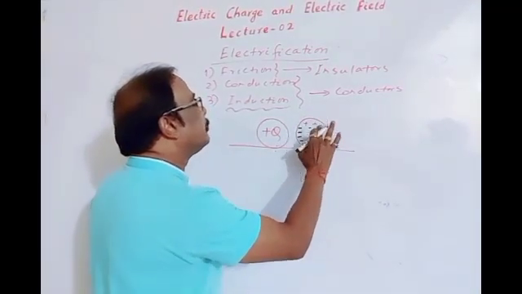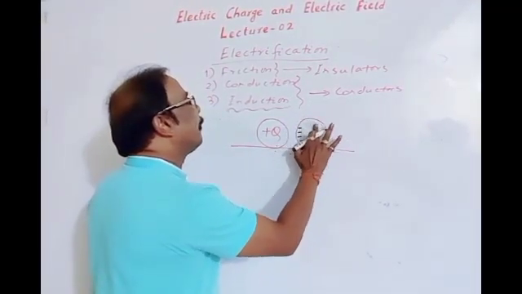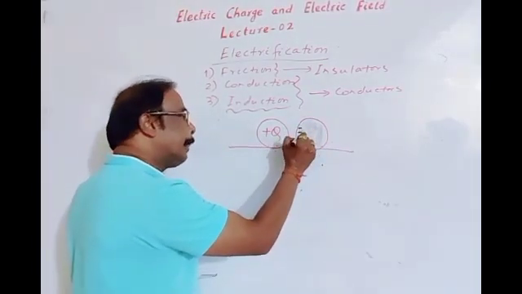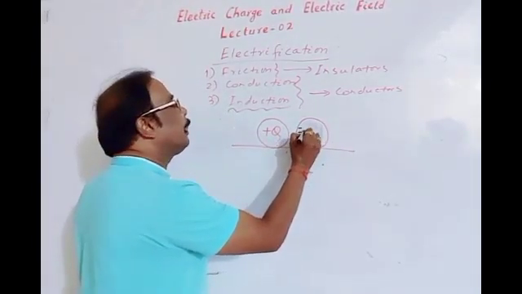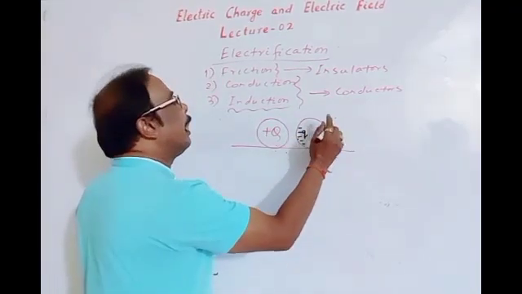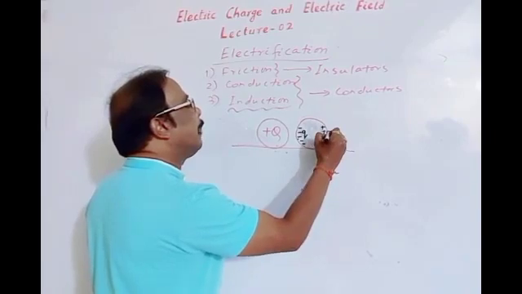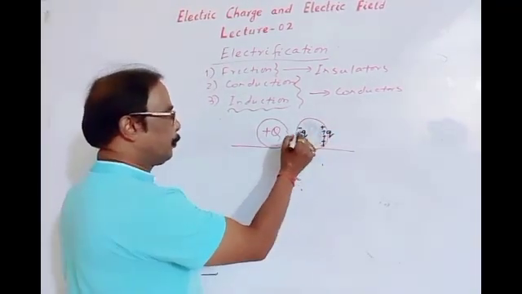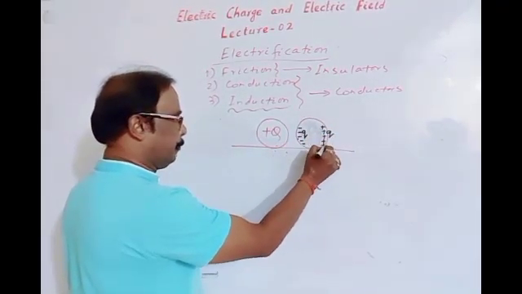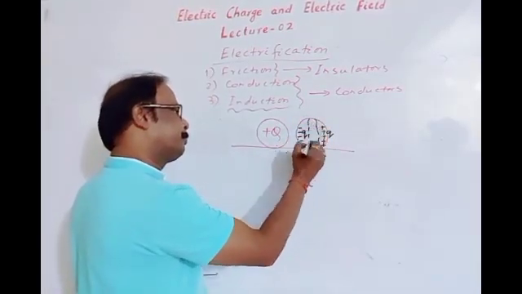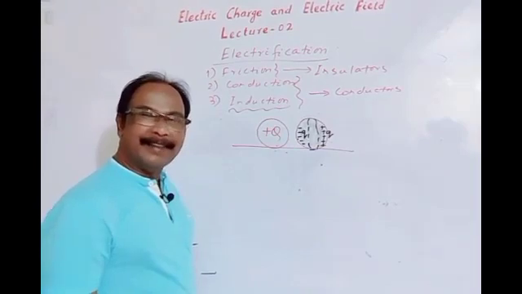Similarly, due to excess of electrons at this near end, let the total charge become minus Q, and due to deficiency of electrons at the far end, the total charge is plus Q. The middle portion remains neutral or uncharged.